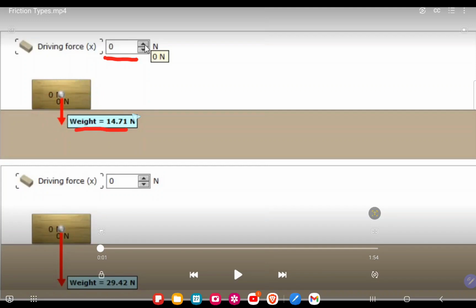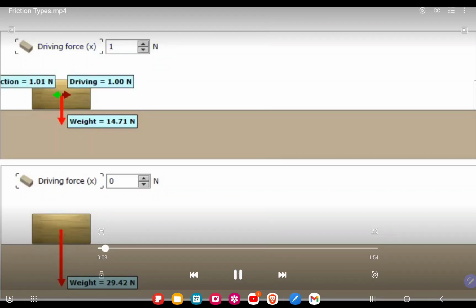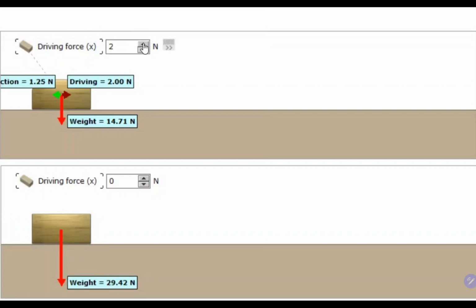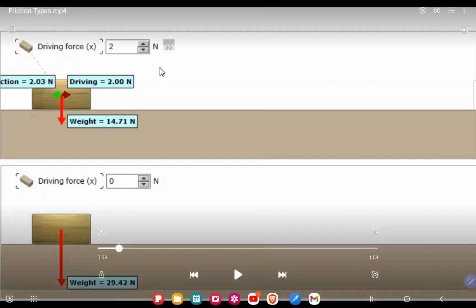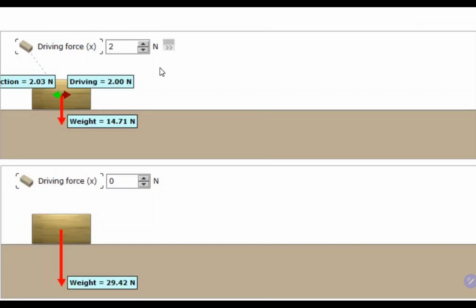So the surface here is rough. Increasing the driving force here, the object is not moving because of the static friction. In this case here, Fs is less than mu s n.